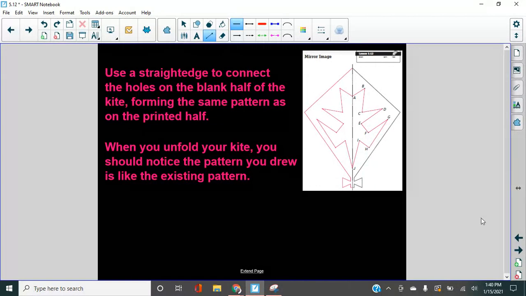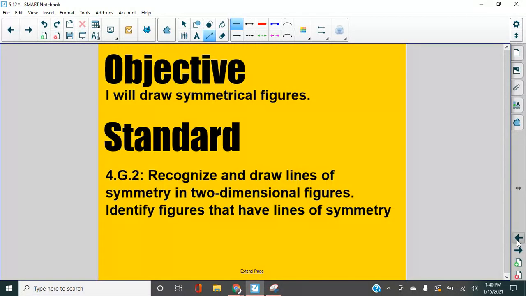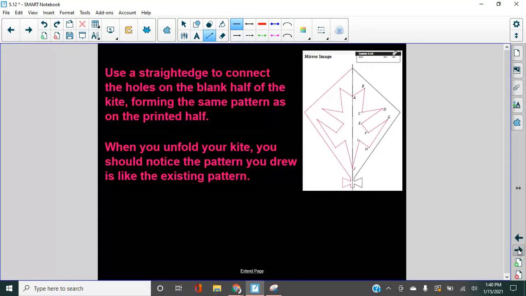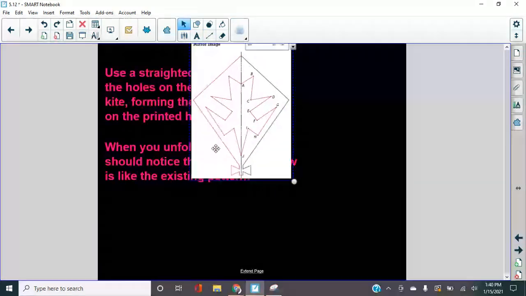Okay. So our goal here and what we're working on is being able to draw symmetrical figures, right? When we studied symmetry in the past, we looked at figuring out how many lines of symmetry there are. Today, we're talking about drawing a symmetrical figure, okay? And so when we do that, the key thing to realize is what I was talking about before.